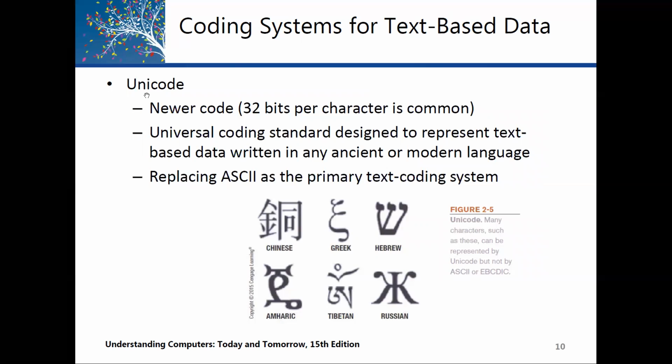Unicode is short for universal code. Unicodes are of 32 bits, so 32 bits means 2 raised to the power of 32 characters can be stored. Roughly, it's a huge code space that can represent almost every symbol of every language.